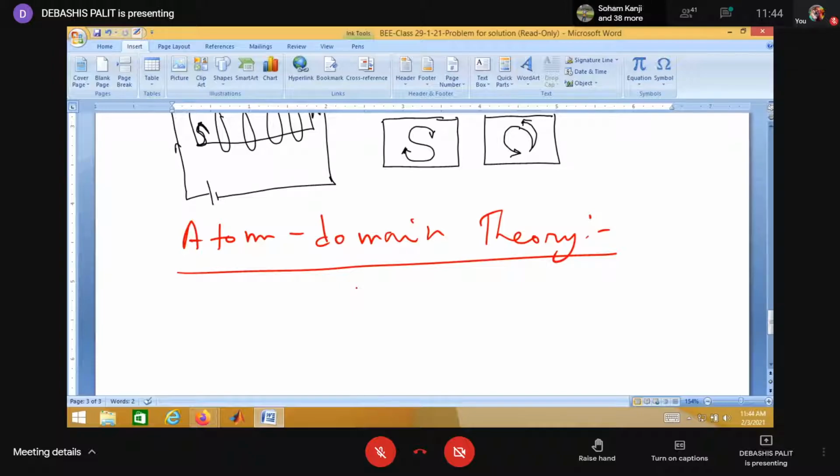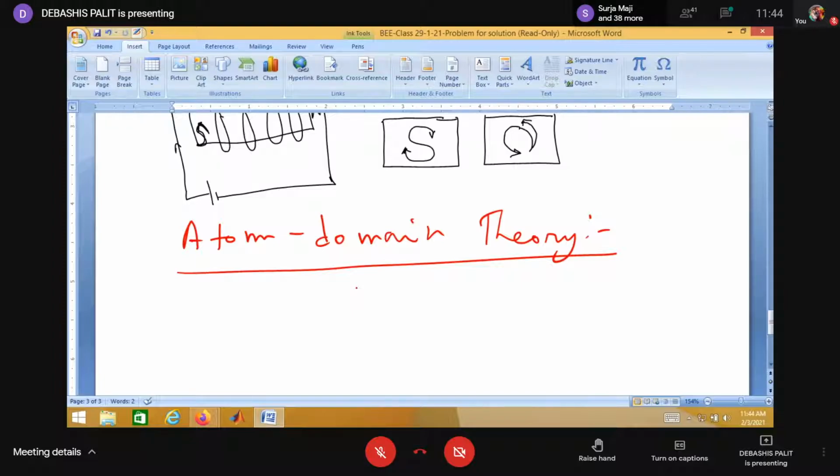Sir, how is it decided whether the spin will be balanced or not for different materials? Actually, it depends on the molecular structure, whether the molecules have unbalanced electron spin or balanced electron spin.